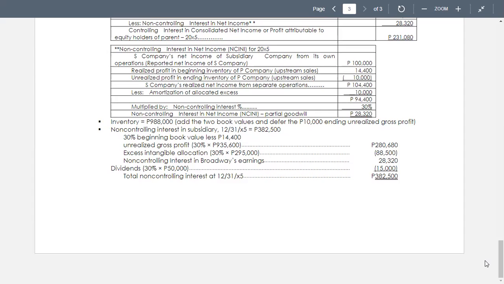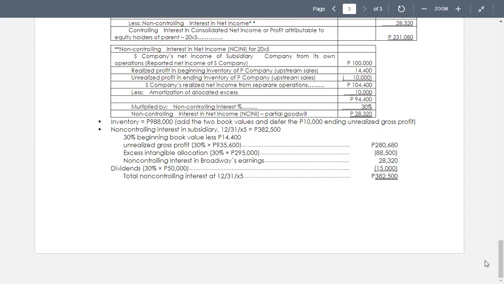So for number 9, the question is asking for the amount of non-controlling interest to be deducted from consolidated net income.